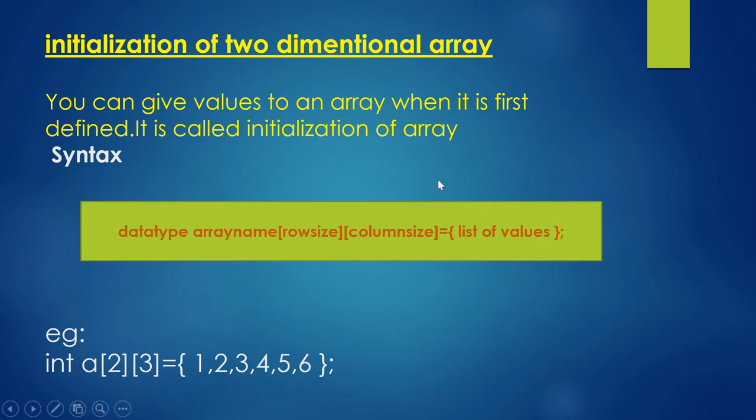The syntax is data type, array name, row size, column size equal to a list of values. For example, int A[2][3] = {1, 2, 3, 4, 5, 6}. How many elements can A[2][3] store? Maximum 6 elements. The elements are 1, 2, 3, 4, 5, 6.